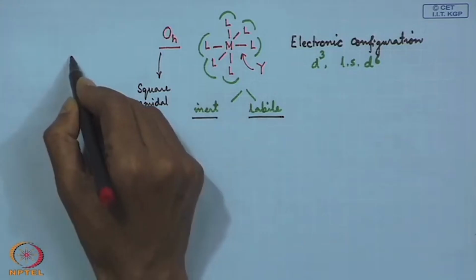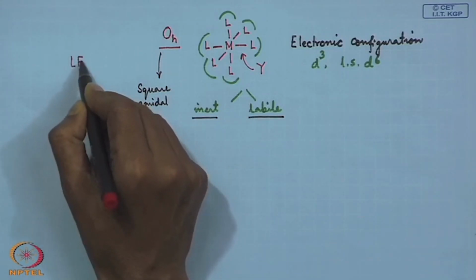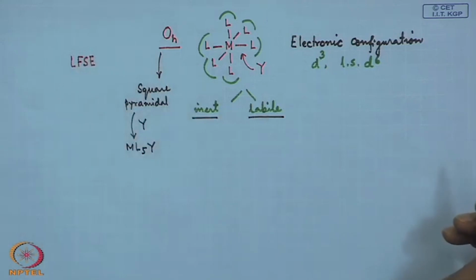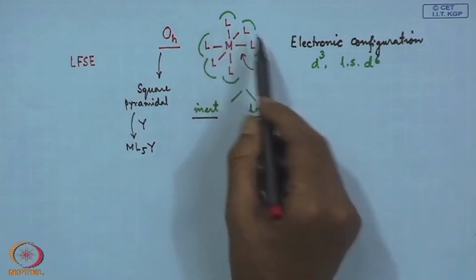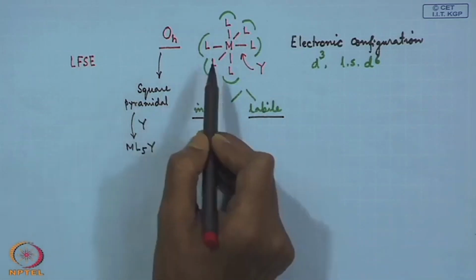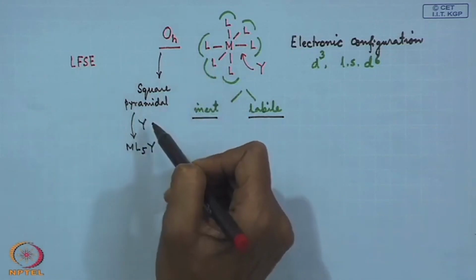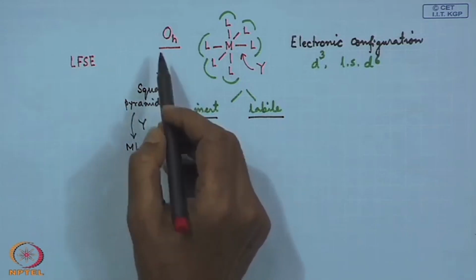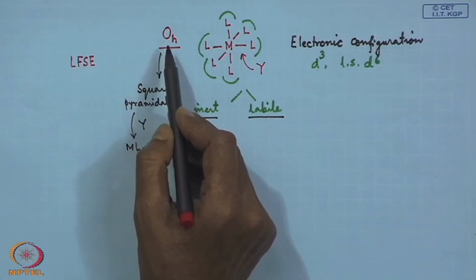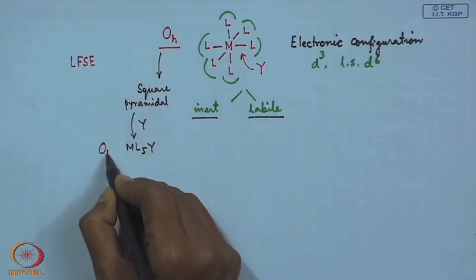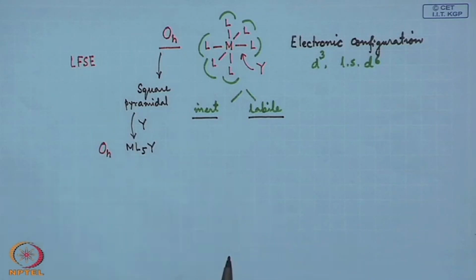and if we consider the corresponding ligand field stabilization energies, what we have seen is that a particular d electron configuration can have a particular ligand field stabilization in one geometry which is different in some other geometry. So, if we are able to compare, moving from octahedral geometry to a square pyramidal geometry and again back to the octahedral geometry, what is happening?